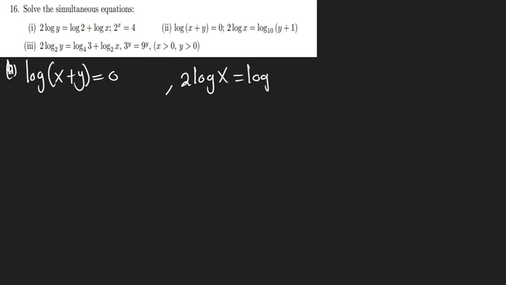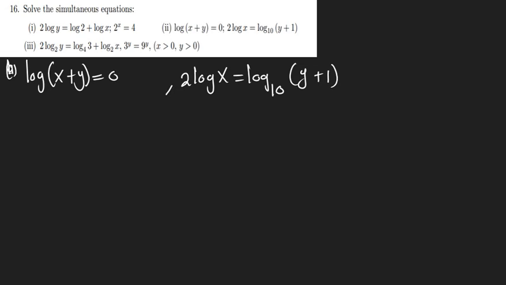You do the same thing to the last one also. We have log x plus y equal to 0. The other equation is 2 log x is equal to log base 10 of y plus 1.